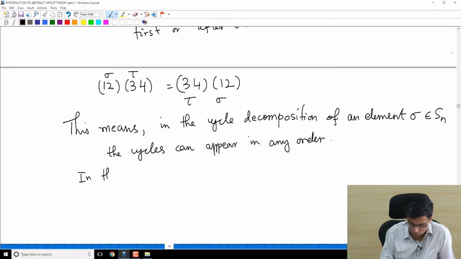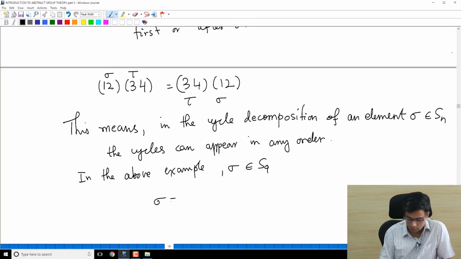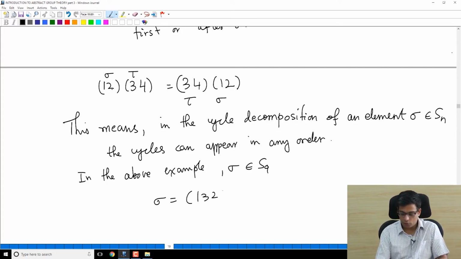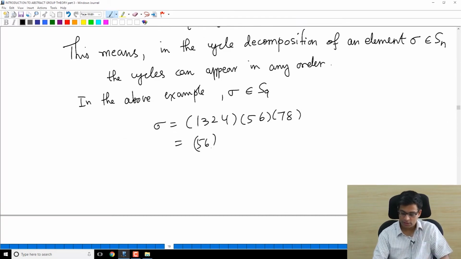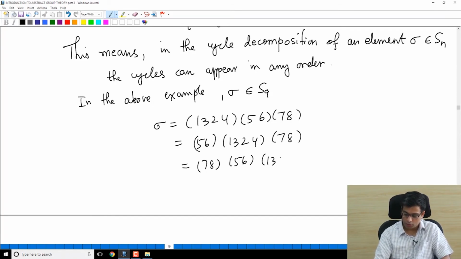In the example above, in Sn, we discovered that it is (1 3 2 4)(5 6)(7 8), but now I am saying that there is no problem if we write it like this: (5 6)(1 3 2 4)(7 8), or (7 8)(5 6)(1 3 2 4), or (7 8)(1 3 2 4)(5 6), right?